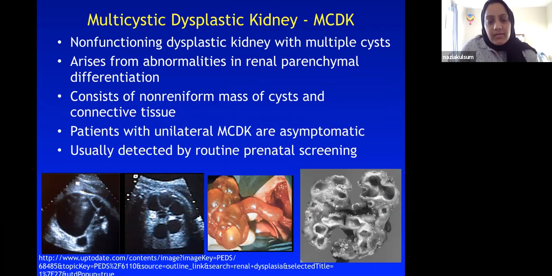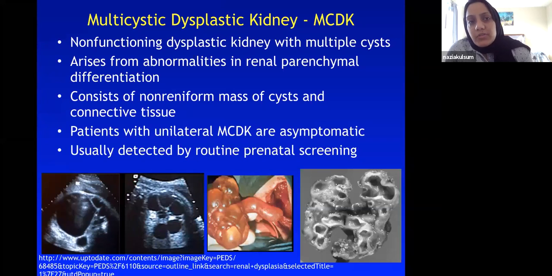And as you see here, like on the last two pictures in the bottom, these are all kidneys that were removed. There's always this question of when do you remove a kidney if it is not working? So in the last 20 years, practice has kind of changed. Previously, when there was a multicystic dysplastic non-functioning kidney, then they would remove it.